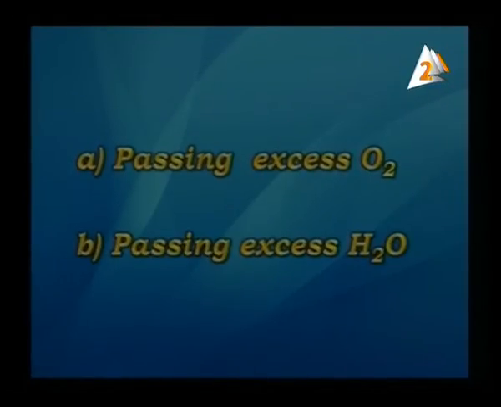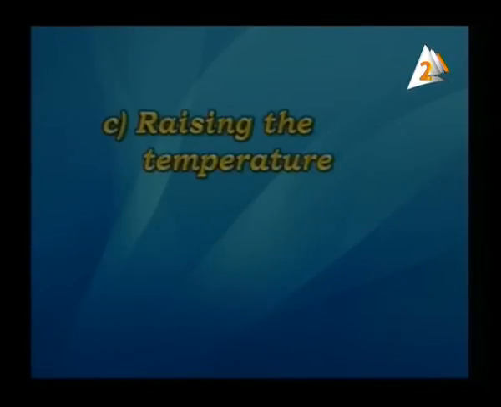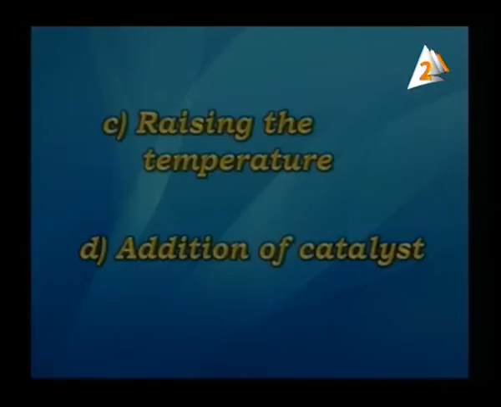Also passing excess water. Also I need its effect. This is not all. Raising the temperature. Different factors. Addition of catalyst. Do you think all of these factors have an effect on equilibrium? No, we have the equilibrium here. It happens with each one of them.